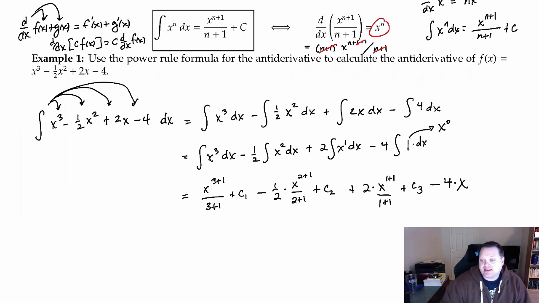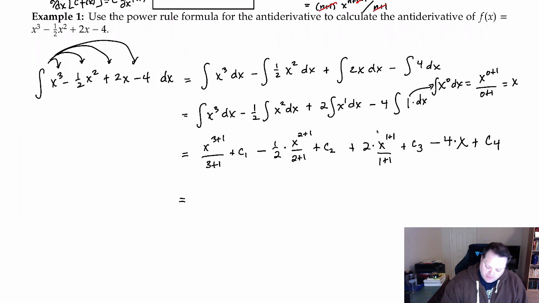And then if we take the antiderivative using power rule of x to the 0, the antiderivative of x to the 0 would be x to the 0 plus 1 over 0 plus 1, which is just x to the 1 over 1, or just x. That's another reason to convince you that the integral of dx is x. Now, we took an antiderivative here, so we would also have a constant here, and I'll call that plus c4.